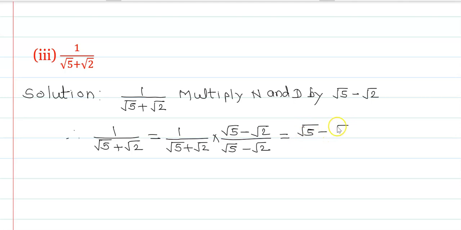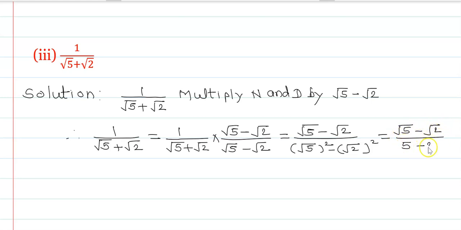root 5 minus root 2 upon a plus b into a minus b. Then here we will get root 5 square minus root 2 square, and that equals root of 5 minus root 2 upon 5 minus 2.